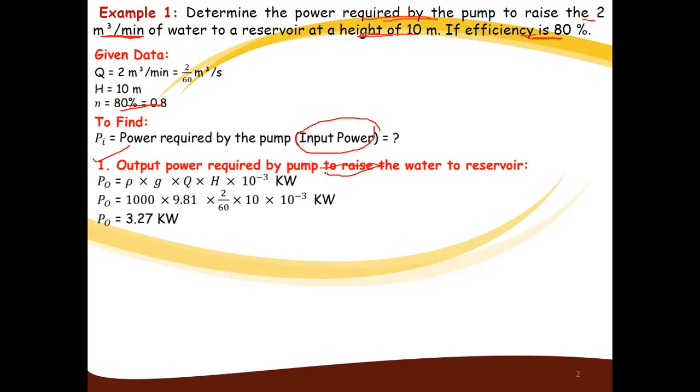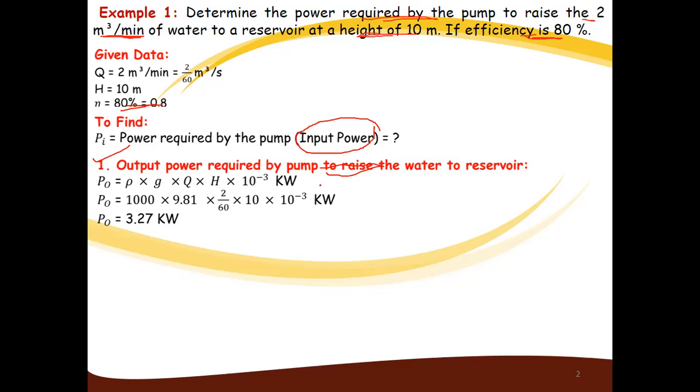Now, the main function of pump is to convert electrical energy to mechanical energy. So output power, it is nothing but the mechanical energy. That is nothing but the pressure energy, discharge, and this height.